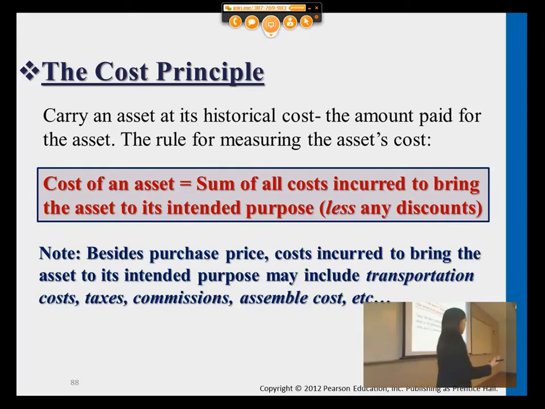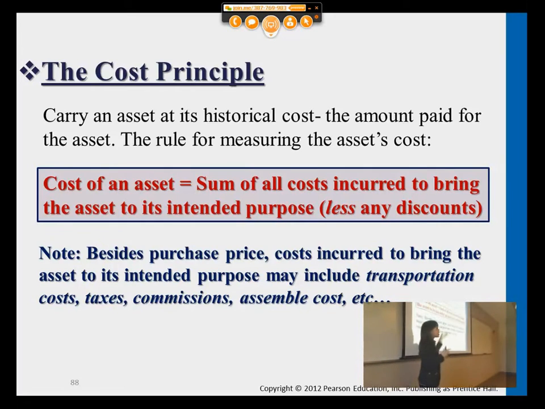Remember, the purchase price is the historical cost, meaning whatever we paid on that very same day. If we purchase a constructed building already, or we're trying to construct a building and we sign a contract with others, whatever is on the contract that day will be recorded in the journal entry, and we don't go back to change that number. So the cost principle determines the historical cost of the asset on the very same day that the transaction happens.